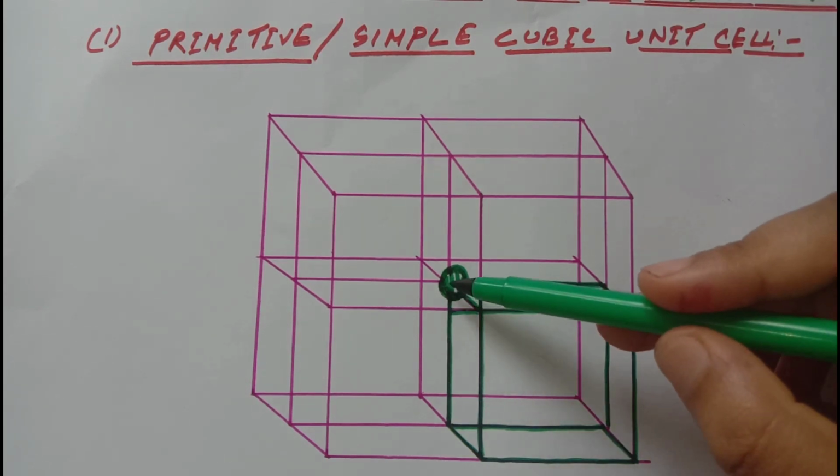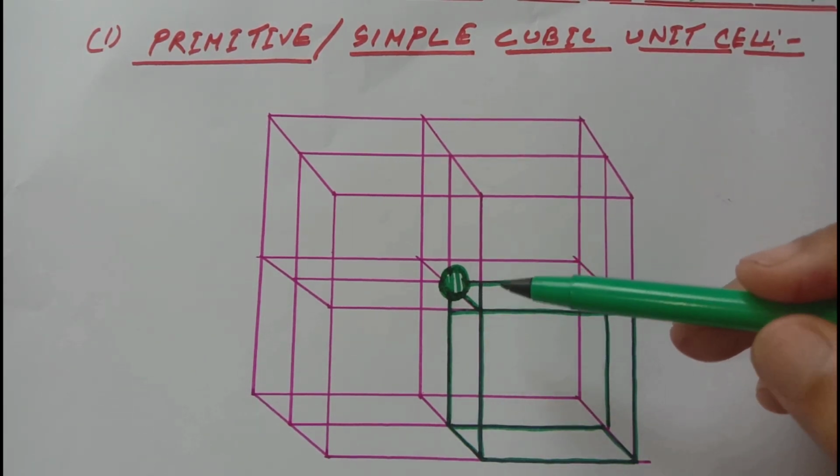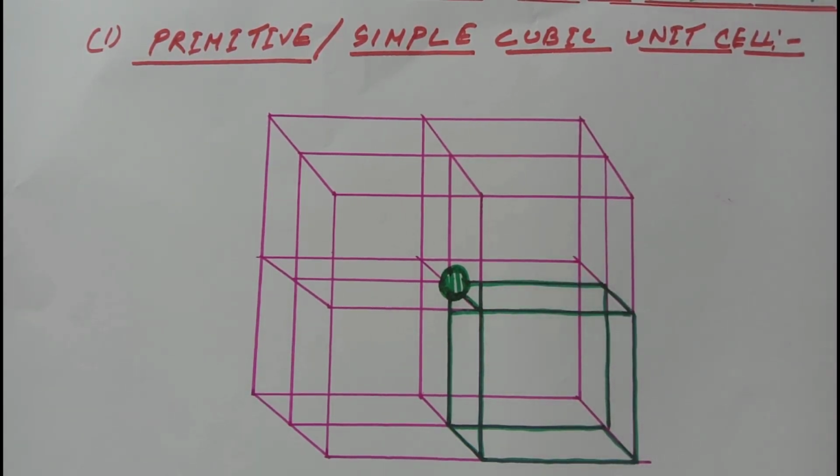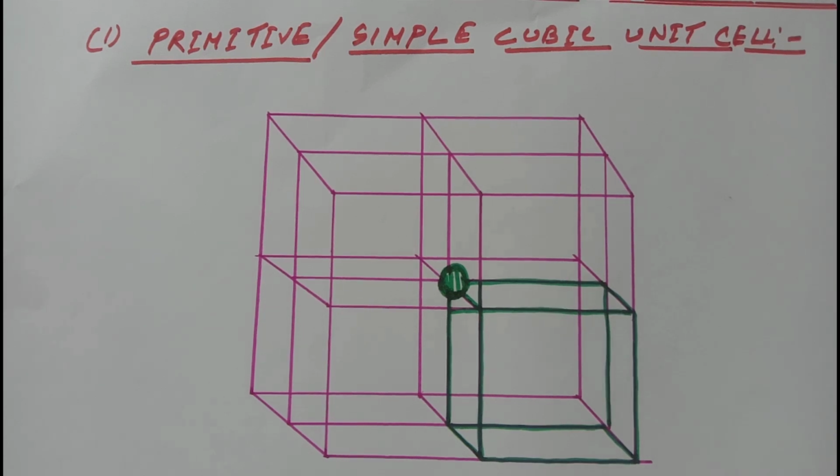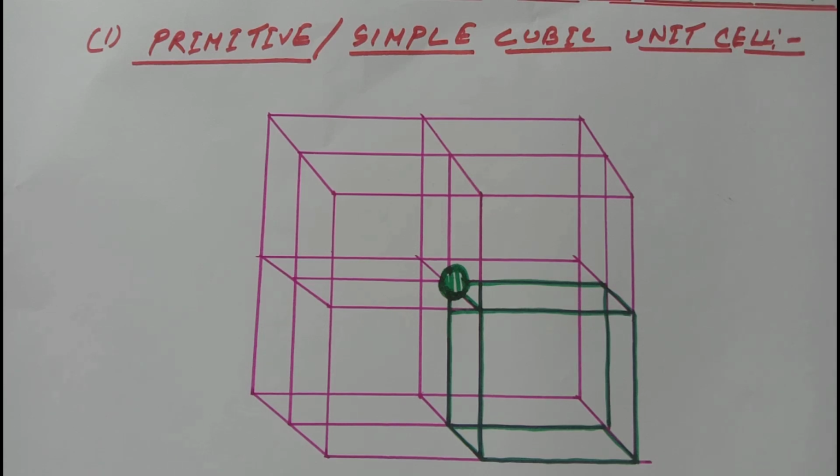So, one corner atom of any unit cell is shared between 8 adjacent unit cells. Therefore, only 1/8 of an atom actually belongs to a particular corner of a unit cell.